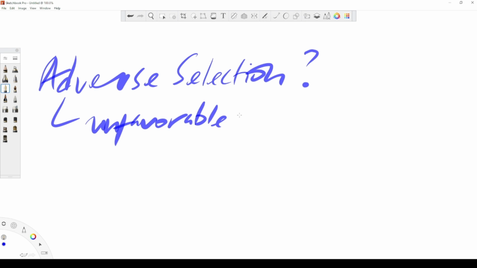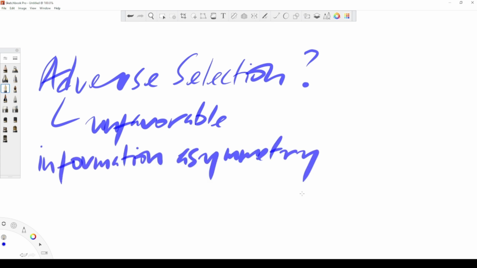When that party has more information than the other person, we call that situation information asymmetry. In the situation where you have information asymmetry, you would have an inefficient market outcome, and I will explain why.